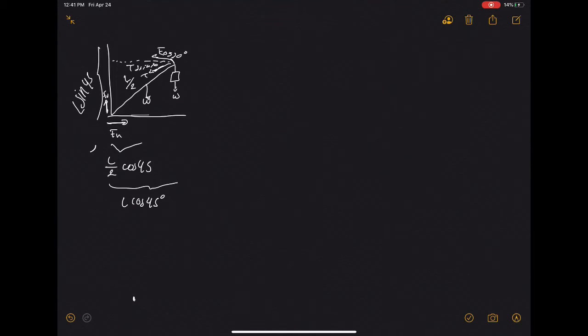So now we're going to do the sum of all the forces in the x direction. We have 0 equals the force in the horizontal direction going to the right, minus the T cosine 30 going to the left. So we can set those equal to each other: FH equals T cosine 30.